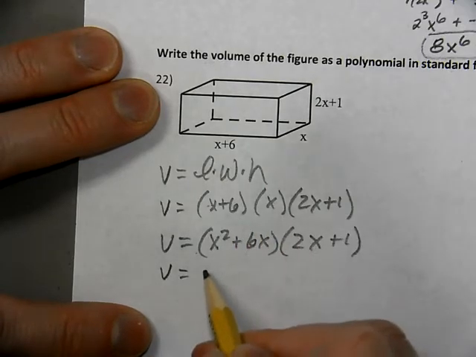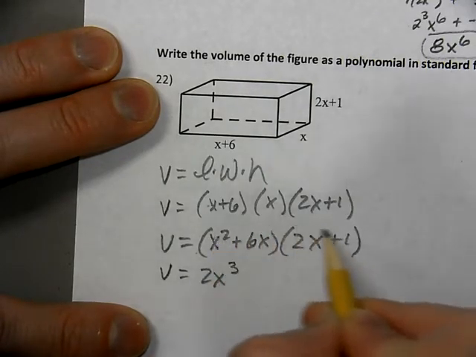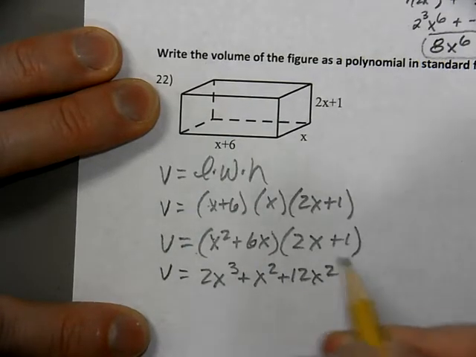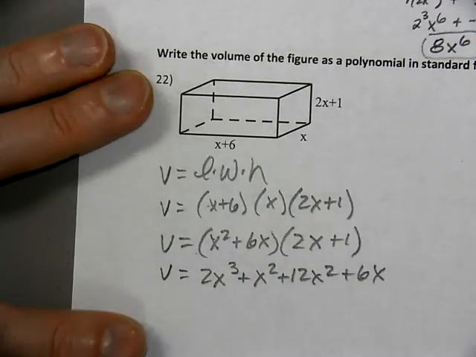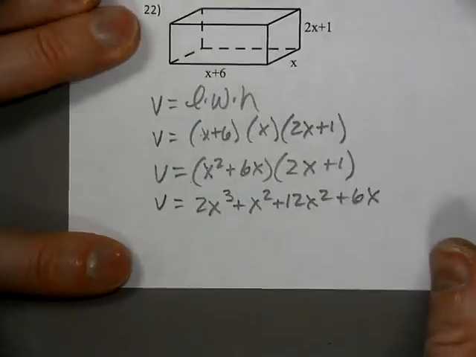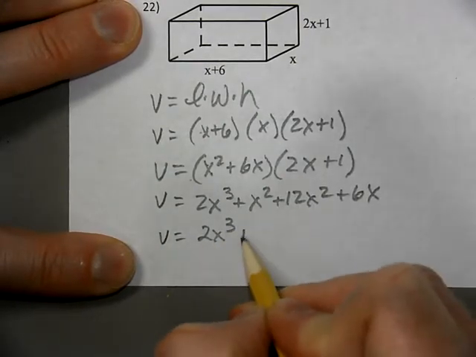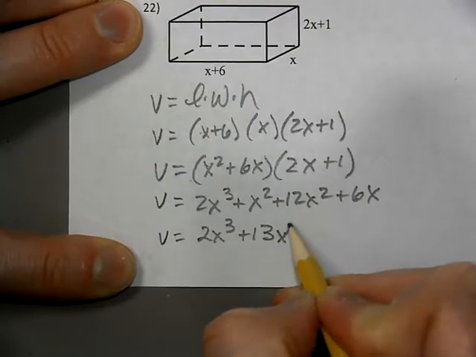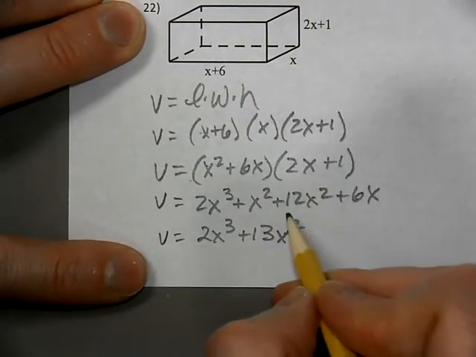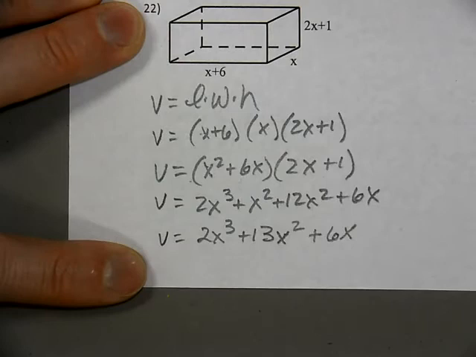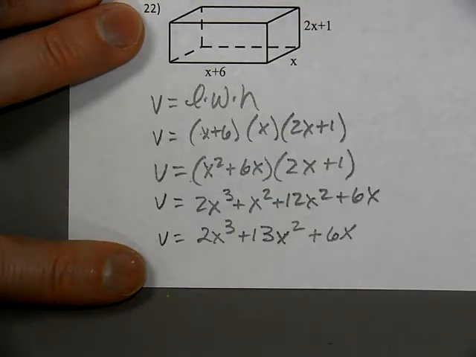So multiply the first terms to get 2x cubed plus x squared plus 12x squared plus 6x. That leaves us with 2x cubed plus 13x squared plus 6x. That would be in standard form.